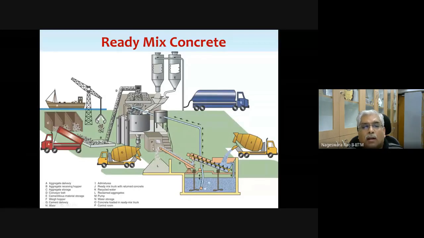Okay, this is the overall picture of a ready mix concrete plant. These are the various components in general. If the aggregate is coming from far places, it is shipped. That is the idea of the ship shown here. Okay, any questions here?